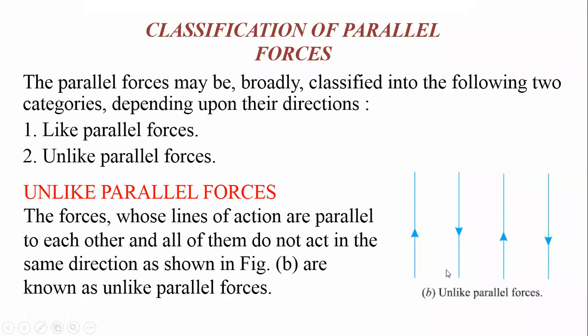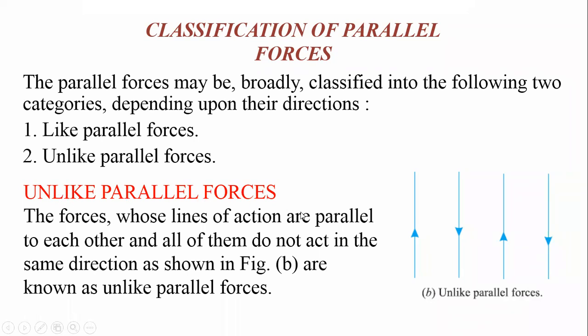Now if you see here in this figure, force number 1 is going upward, force number 2 is going downward, force number 3 is going upward, and force number 4 is going downward. These forces are in opposite directions. That's why this force system is called unlike parallel forces.